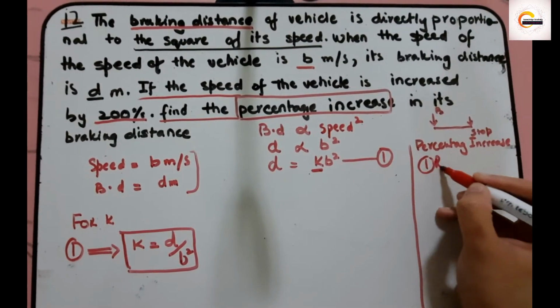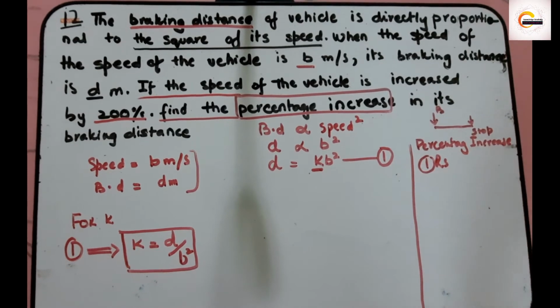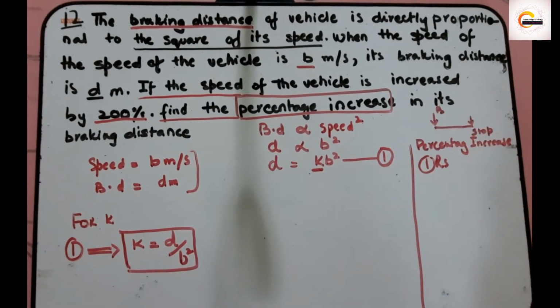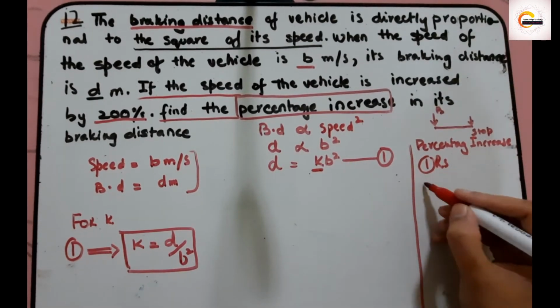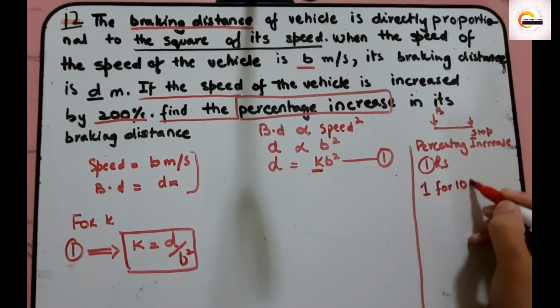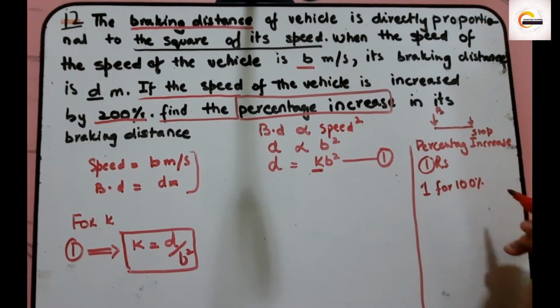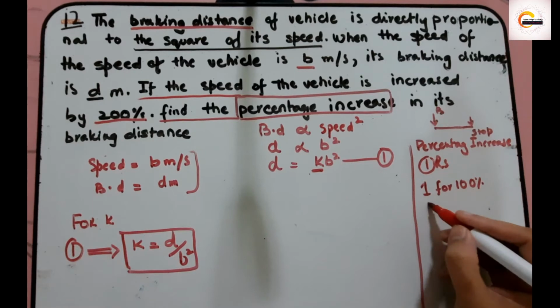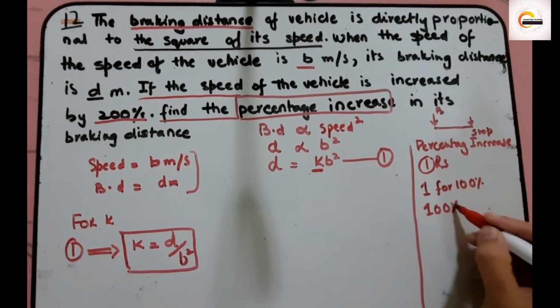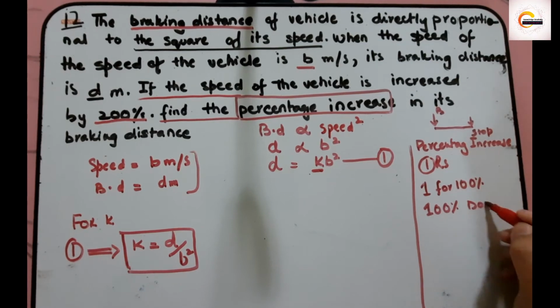I have 1 rupee in my account, let's say, and if somebody, let's say the bank, gives me 100% profit, how much will I have in my account? For 1 rupee with 100% profit, we all know it's going to be double.